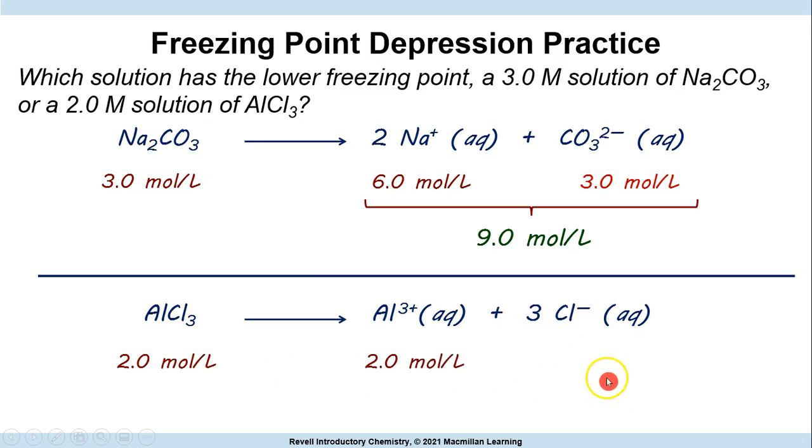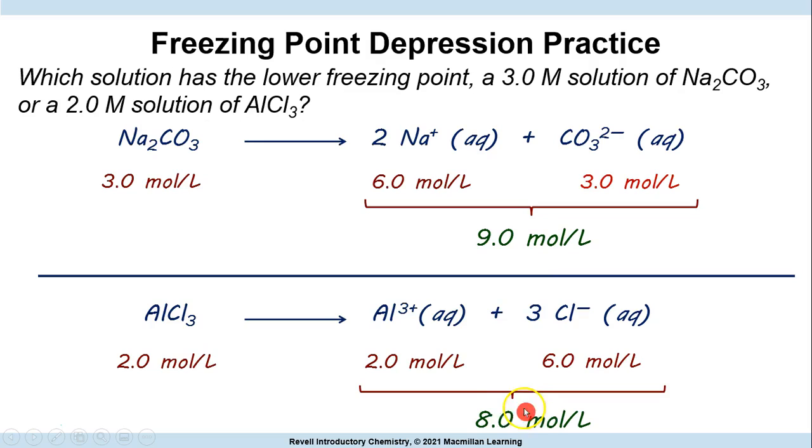So altogether, we are going to have 8 molarity. So which one will lower the freezing point most? The one that will lower the freezing point is the one that has the higher concentration of the ions, which is going to be the sodium carbonate here.